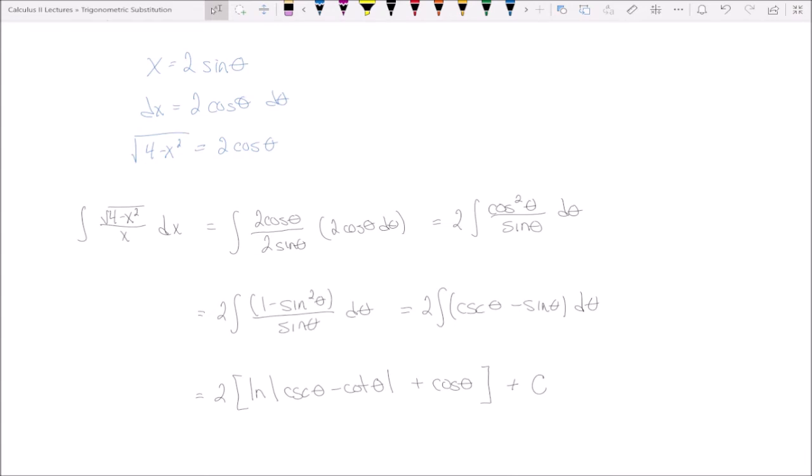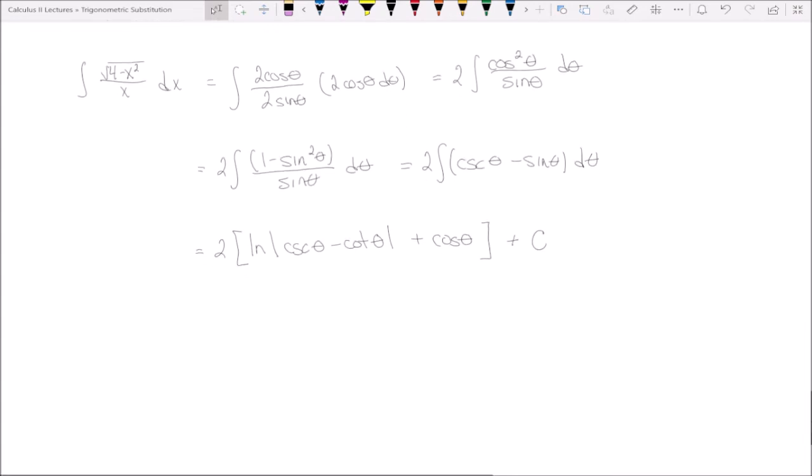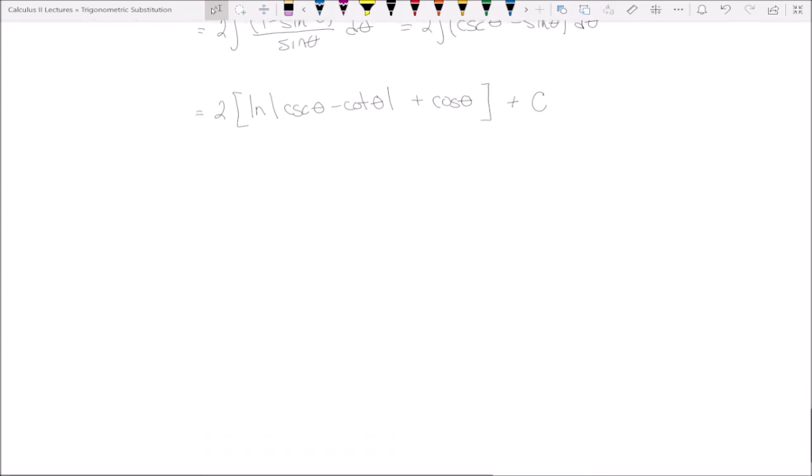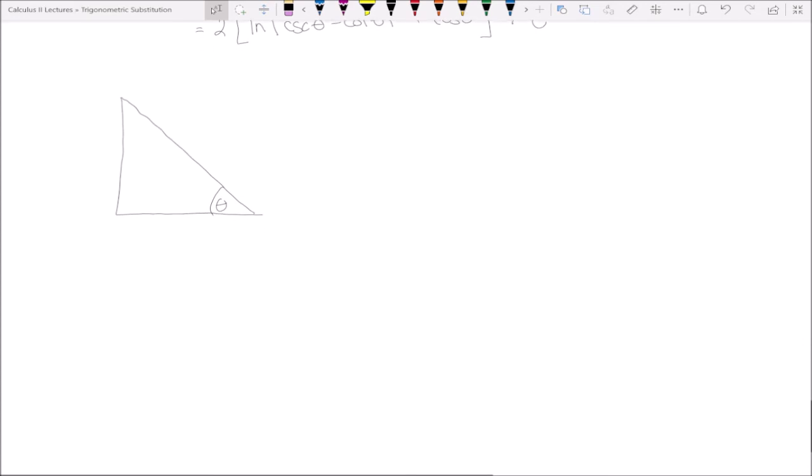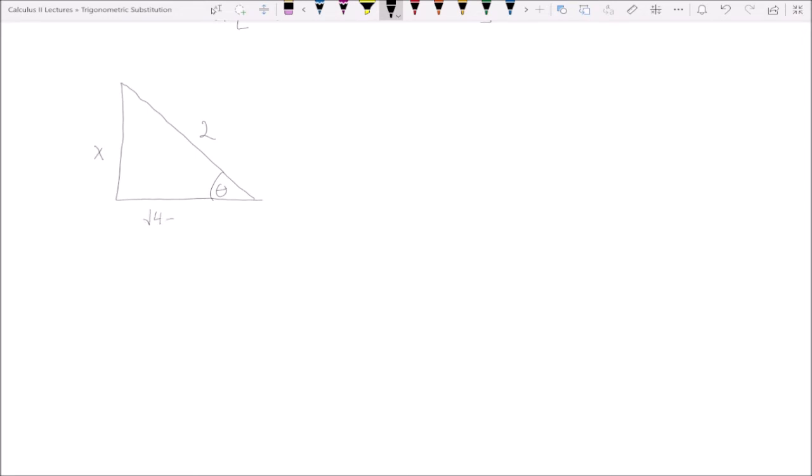The problem's going to be this cosecant and this cotangent. Well, let's do this. Let that represent our angle theta. We know that sine of theta is x over 2, so the opposite of the angle would be x. The hypotenuse would be length 2. Then this would be the square root of 4 minus x squared.